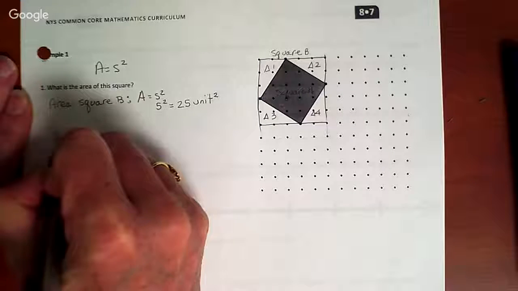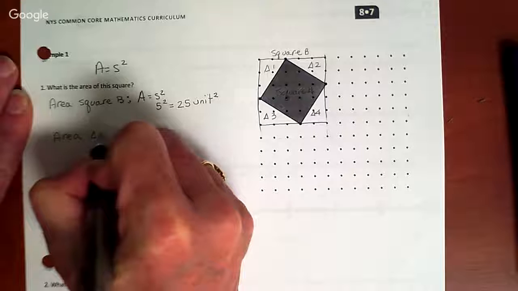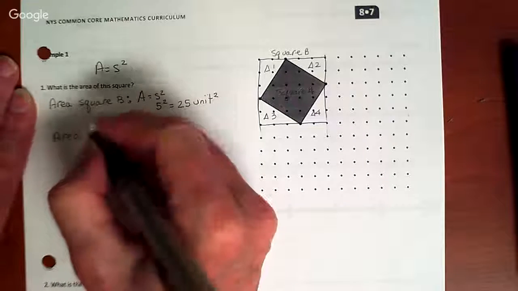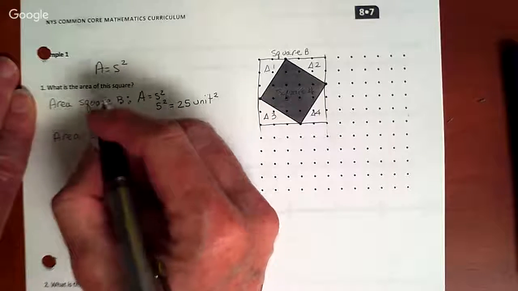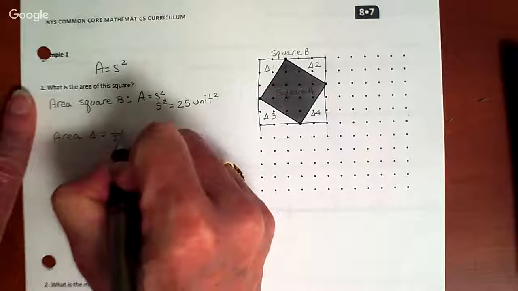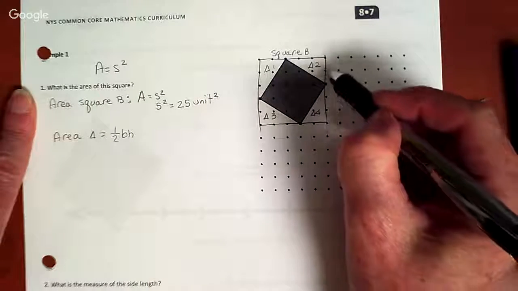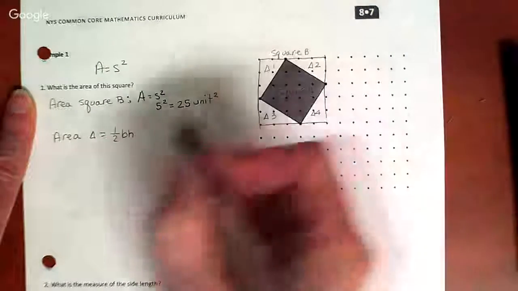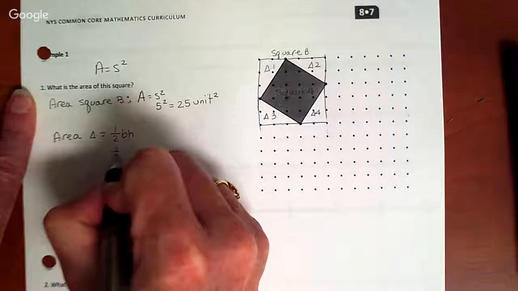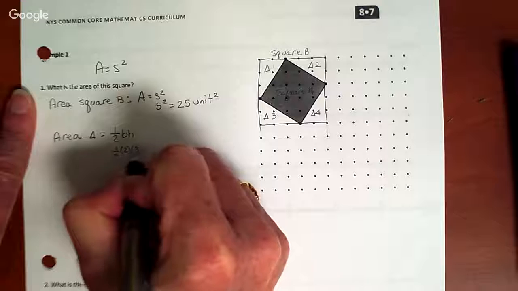Then the area of our triangle, which equals 1/2 base times height. And if you notice, they are all the same. They are 1, 2 by 1, 2, 3. So we have 1/2 times 2 by 3.